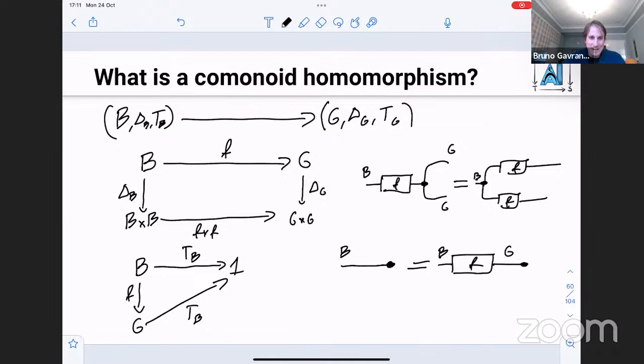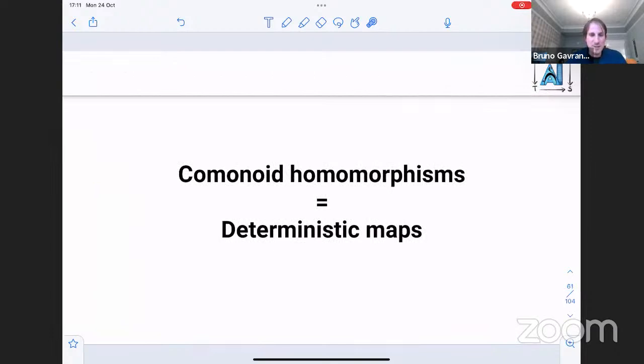Now, why am I telling you this? Because almost absent-mindedly, by just unpacking these equations, saying this F needs to agree with all the structure that there is, we've uncovered deterministic maps. So if a map is a comonoid homomorphism, it is deterministic. Now, what does this really mean?